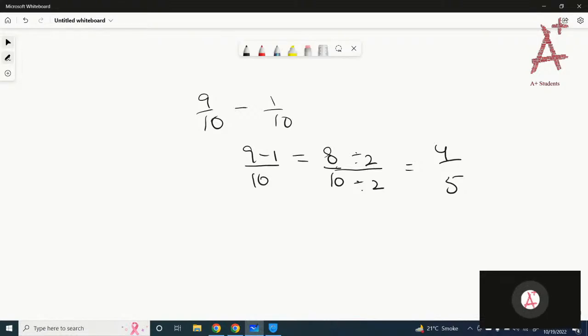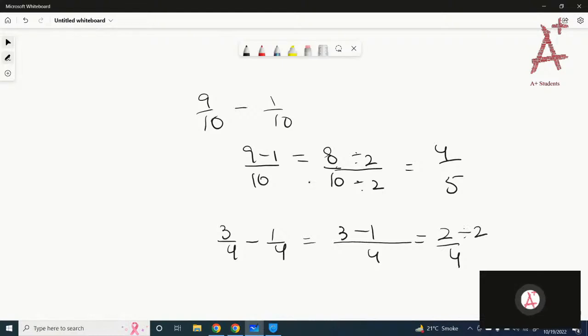Okay, the first one is 3 by 4 subtract 1 by 4. So they have like denominators, just subtract their numerators. So 3 minus 1 is 2 over 4. So think of a common number that can divide both numerator and denominator. Do we have any?